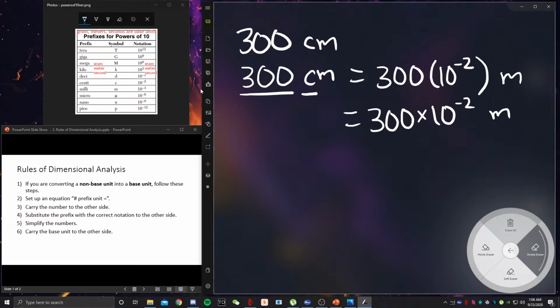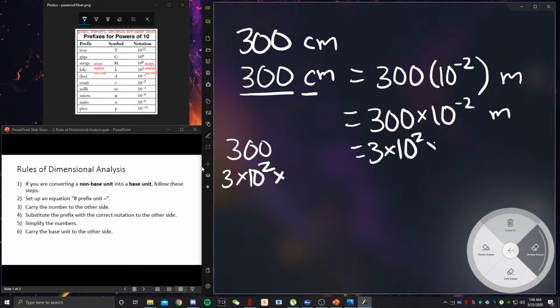Well, what's 300? If you learned in math class, 300 has 2 zeros. So 300 is going to be 3 times 10 to the 2. 2 zeros, 10 to the 2. And then, if you plug it in here, how do you solve exponents? Well, when you multiply exponents, you add them.